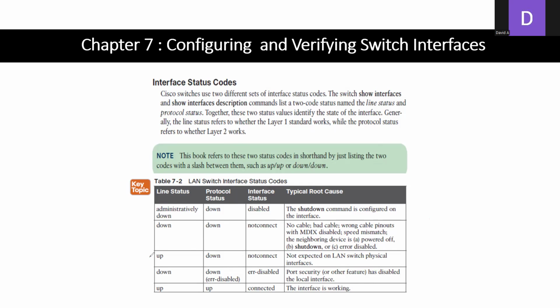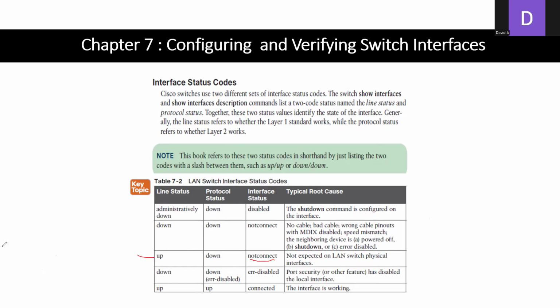Now we go to the third row. We got a line status of up, the protocol status is down, and an interface status of not connected. This is not expected on LAN switch physical interfaces, so you'll rarely see this. Now let me sidestep Cisco for a second. There is a reason why this would show up. It's not listed for the exam here, but if you guys are interested, reach out.